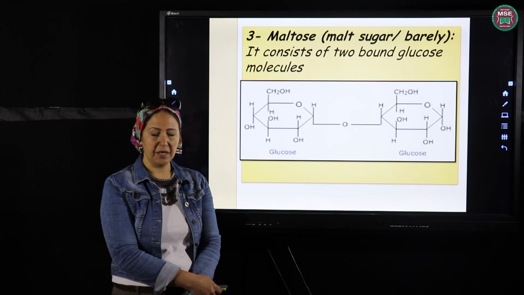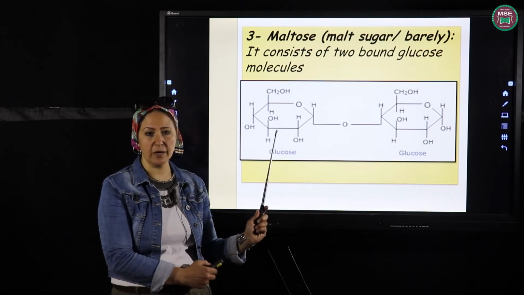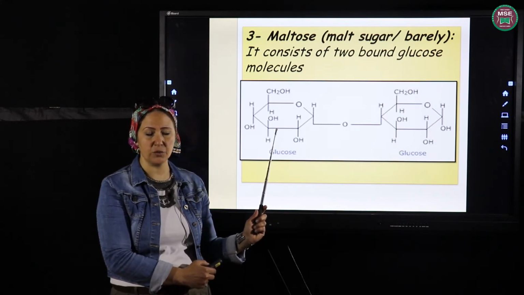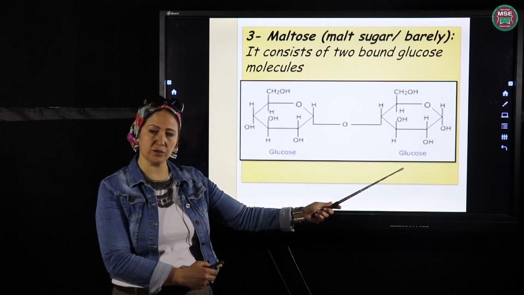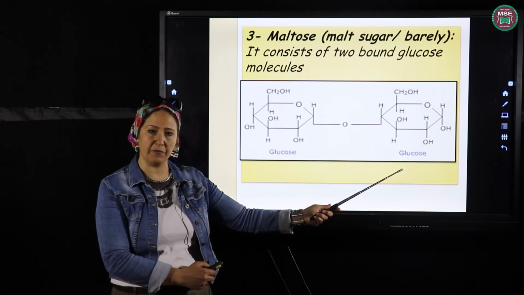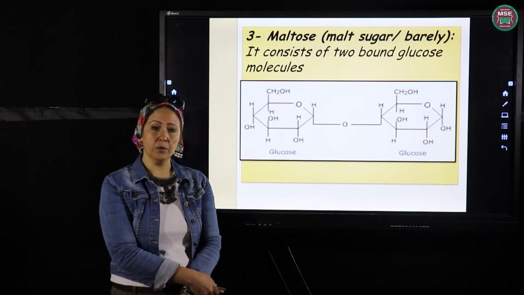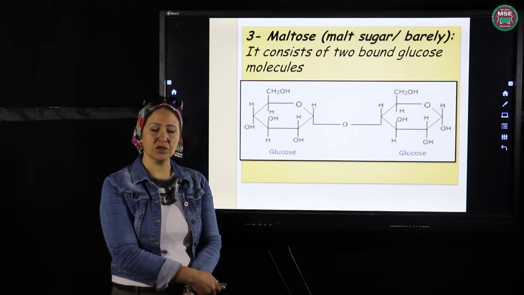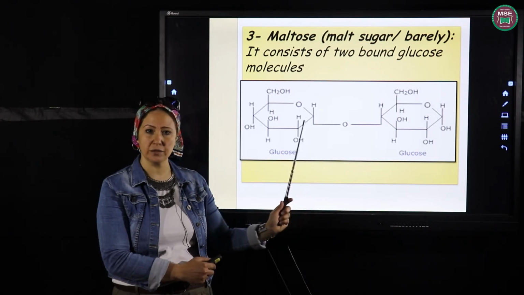So the glucose molecule is C6H12O6, and the next glucose molecule is C6H12O6. Both of them together equal C12H24O12. But you have to know that we have only 1 water molecule released from this bond.